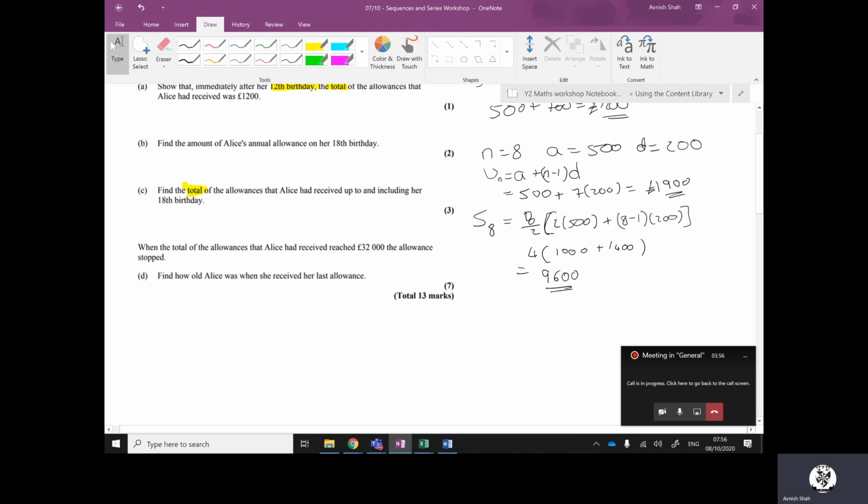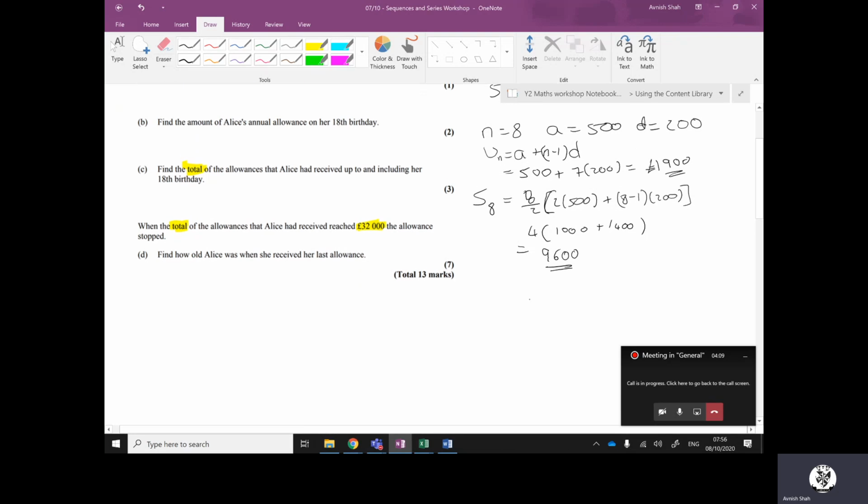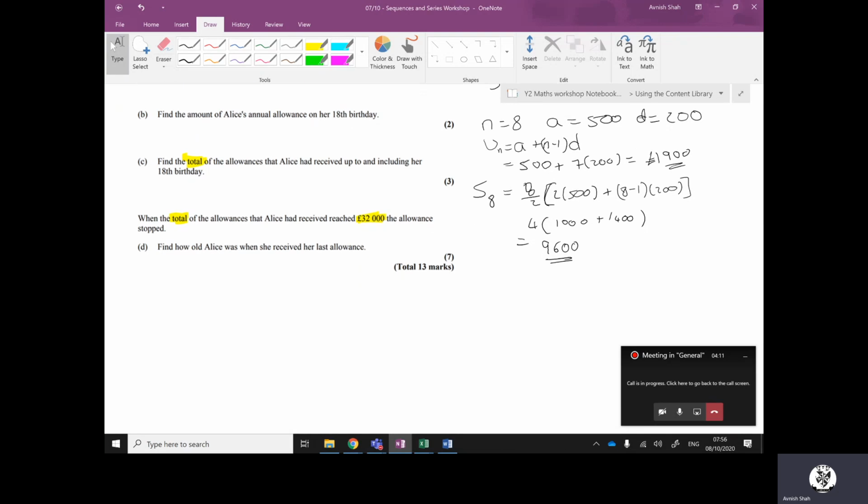Now it says when the total of the allowances has reached 32,000, the allowance stops. Find how old Alice was when she received her last allowance. So we now know that Sn, we don't know what n is, but we know that the total is 32,000.